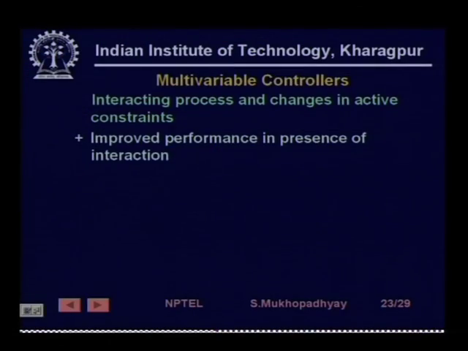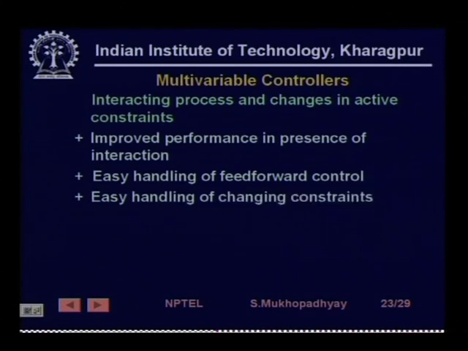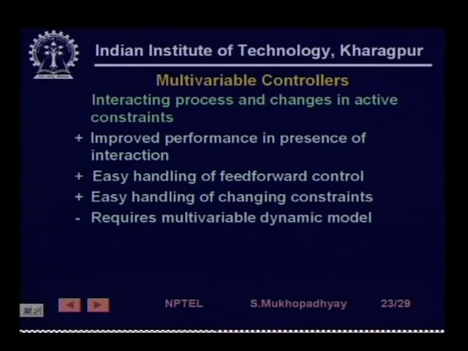They are all built into the method and handled very efficiently. So, you have significantly improved performance in the presence of interaction. You have easy handling of feed forward control. Again, feed forward tends to make the system multivariable. You have easy handling of changing constraints, as we have mentioned, and it requires a multivariable dynamic model.